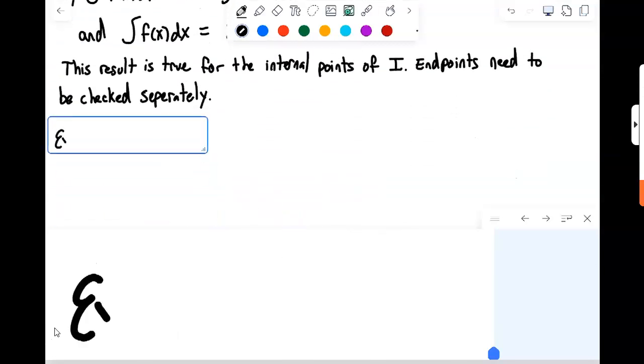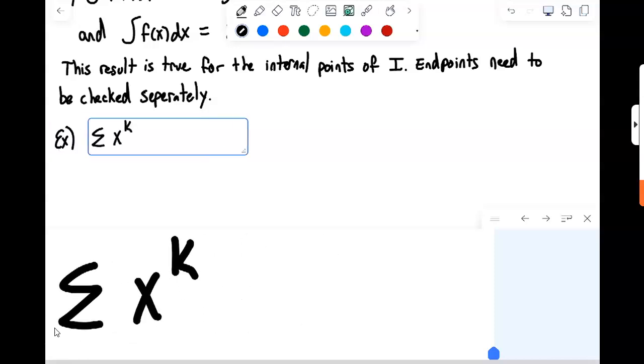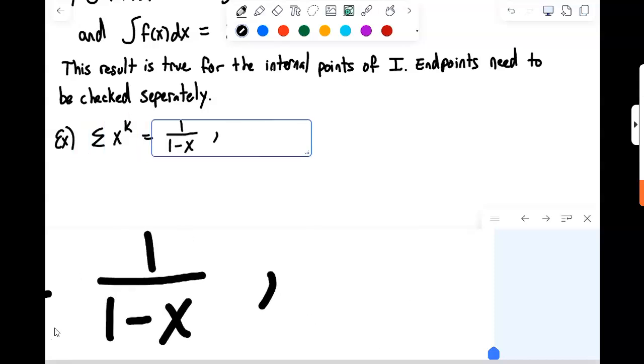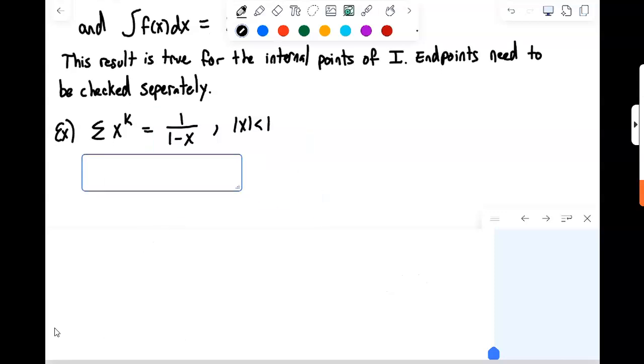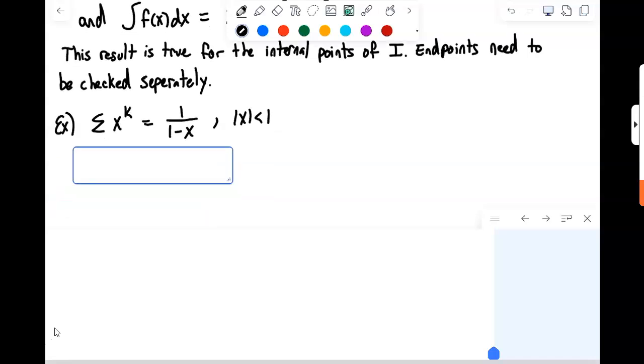Once again, we have our good friend, the geometric series, which we know converges to 1 over 1 minus x, as long as the absolute value of x is less than 1. So let's compute a new series by using the derivative of that.